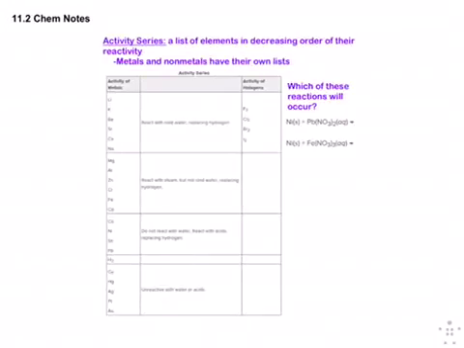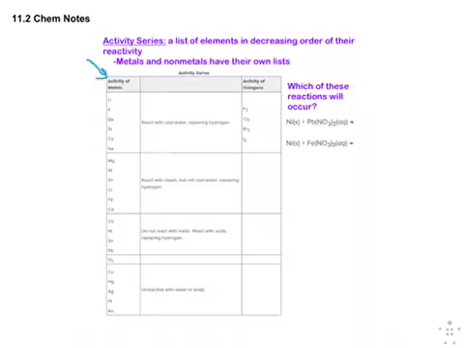So, to help you identify if an element is more reactive than another, there is this handy dandy table. I will not guarantee that this will always be part of your tools, so you should get fairly comfortable with this on your own. On the left-hand column, this is your activity for metals.